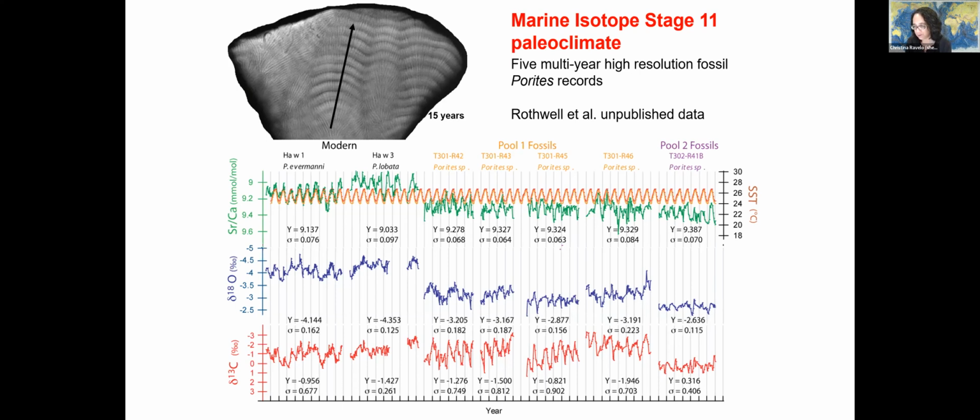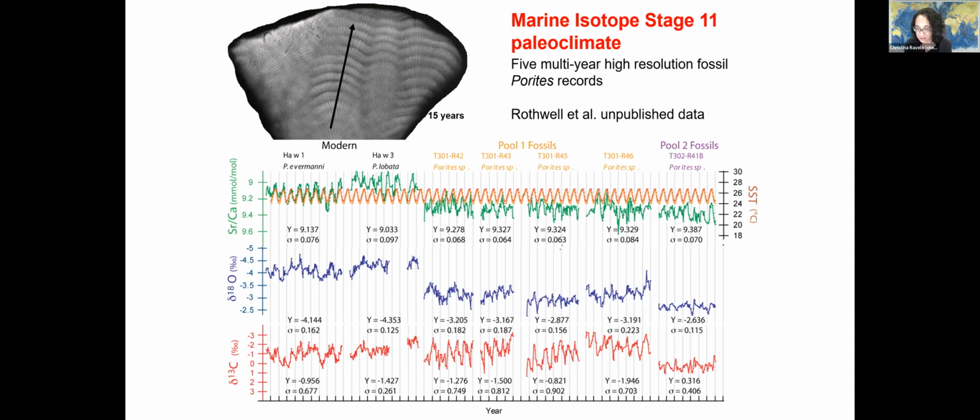If you take the sea surface temperature and the O18 and calculate the O18 of seawater implied by this data, you get an estimate that is very consistent with other O18 of seawater estimates made in other ways, basically using sedimentary records.